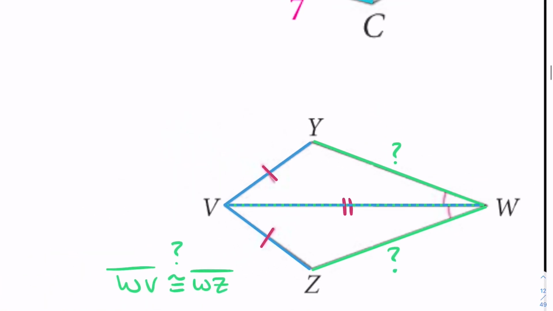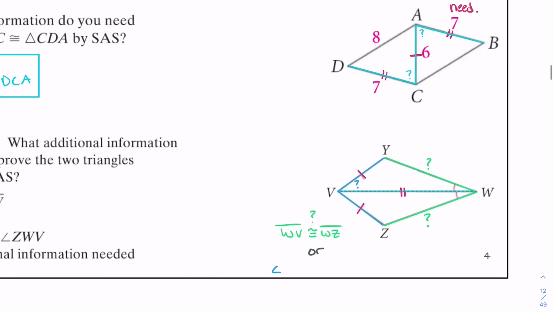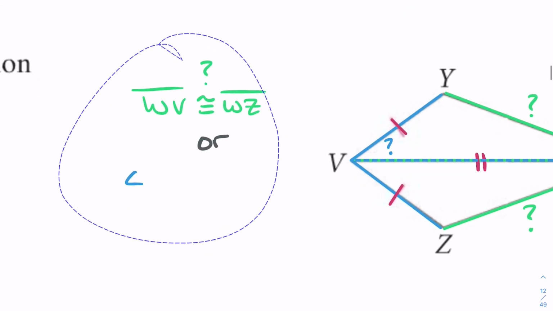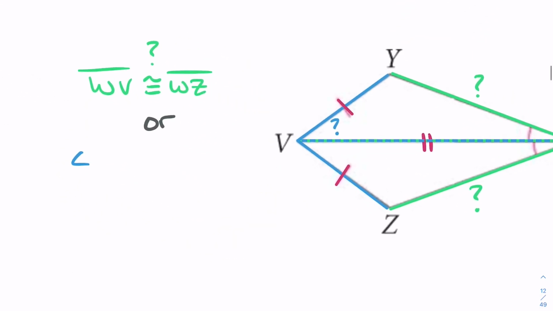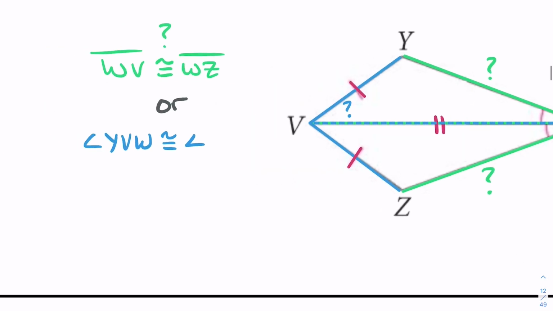So if I'm going in the other direction, I know that those sides are congruent. So I might need to know that angle, I'm running out of room here, or angle YVW is congruent to angle ZVW.